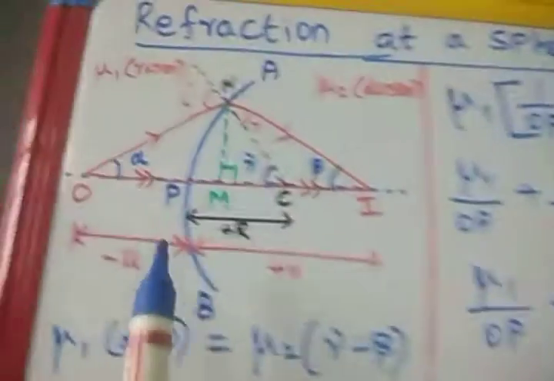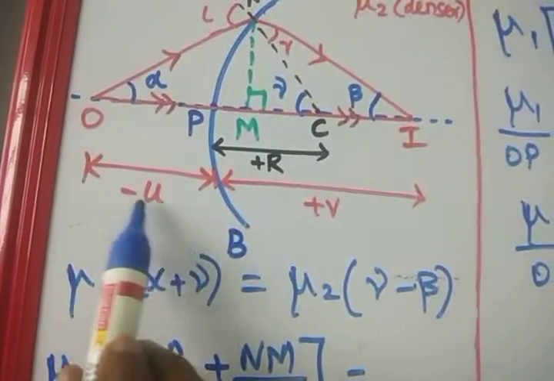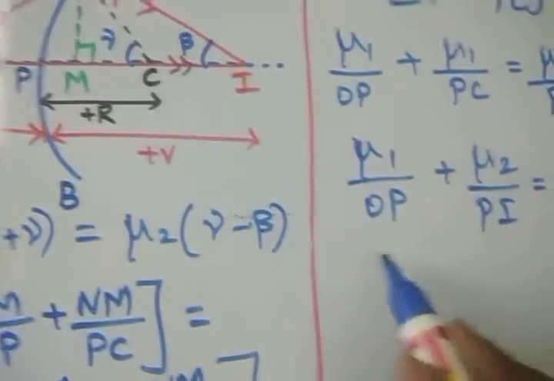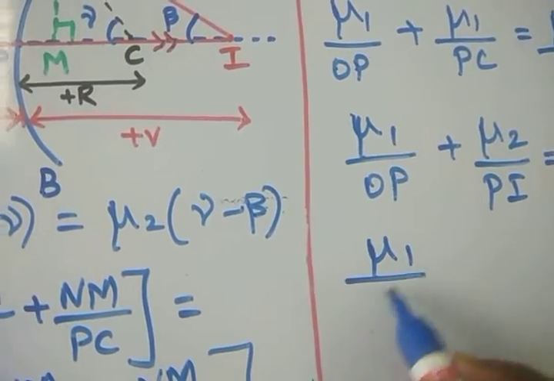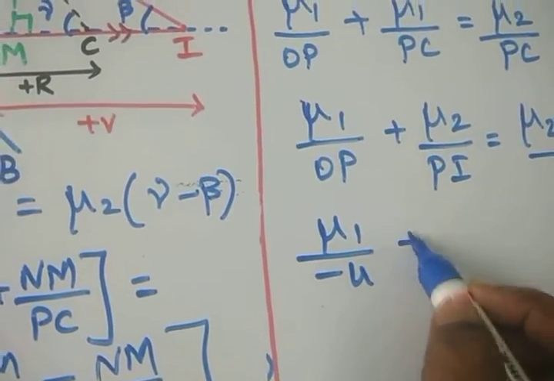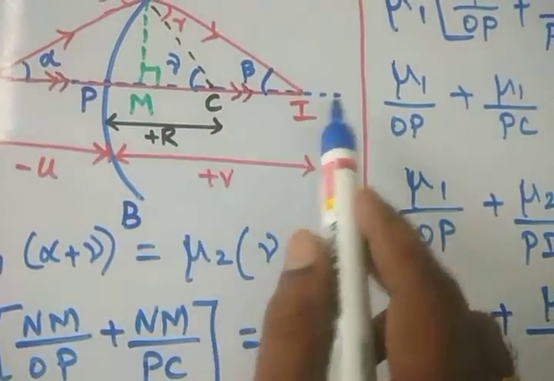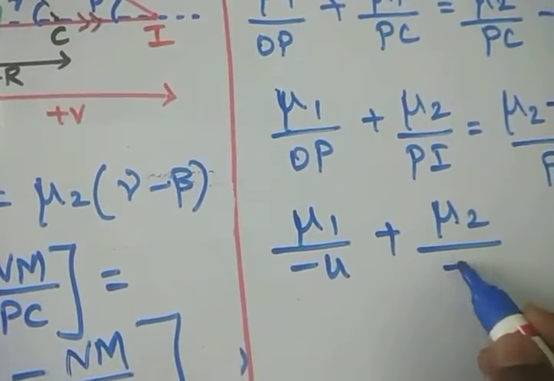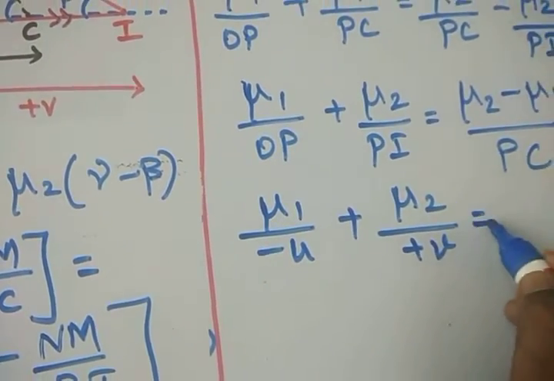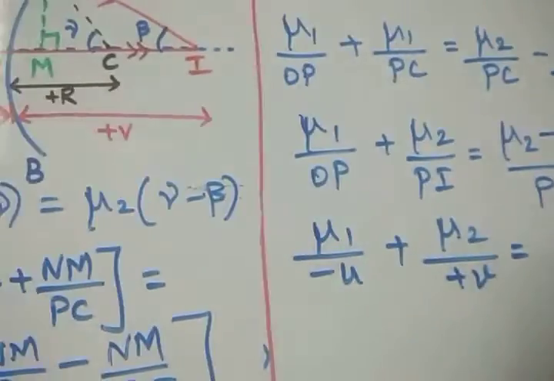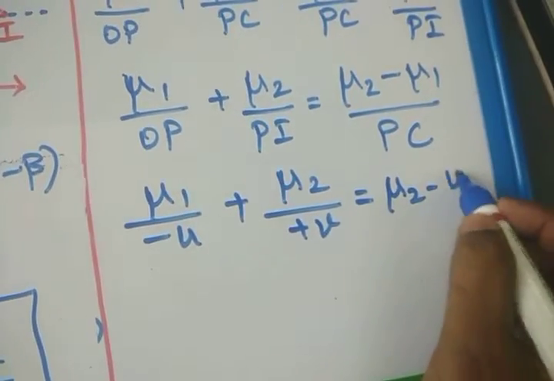So what is the OP? OP is minus u. This is the object distance, so mu1 by minus u plus mu2 by, what is the PI? PI is plus v. So plus v, which is equal to mu2 minus mu1 as it is. What is the PC?